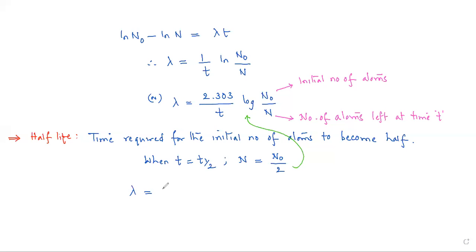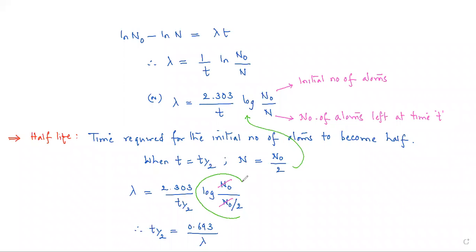we get lambda is equal to 2.303 by t half into log N0 by N0 by 2. Log 2 is 0.3010. Therefore, the final expression can be written as t half is equal to 0.693 by lambda.